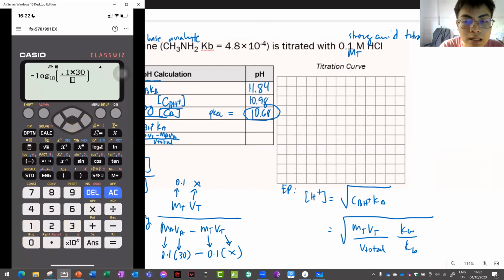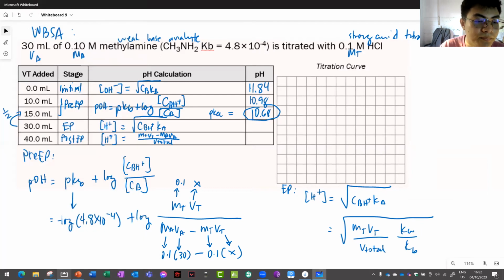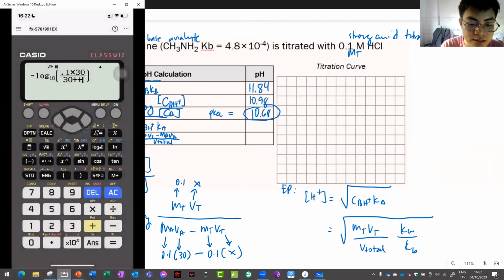Then for the volume total, gano'ng karami yung titrant? So you have 30 plus gano'ng karami yung analyte. Tingnan, 30 then. So you have 60 total volume na. Sorry, I forgot the square root pala. Square root, molarity titrant 0.1, volume titrant 30, over volume total 30 plus 30. 30 sa analyte, 30 sa titrant.